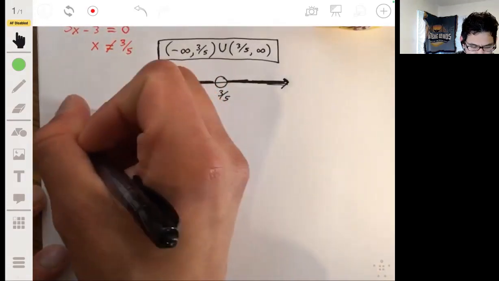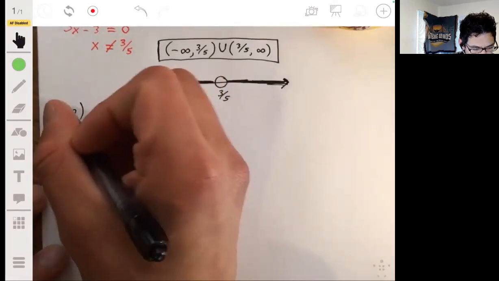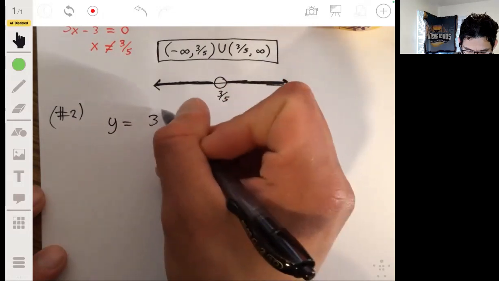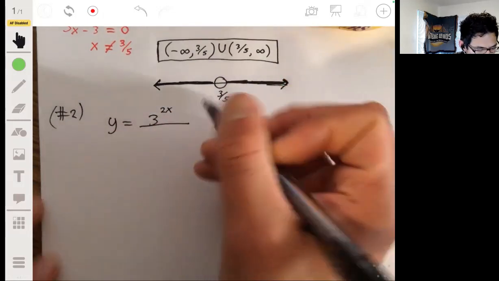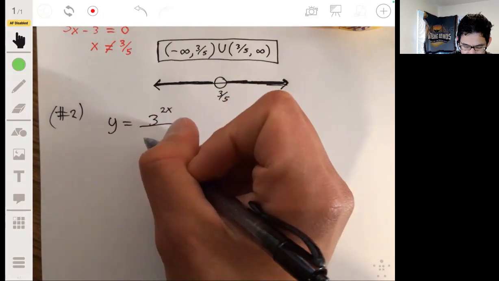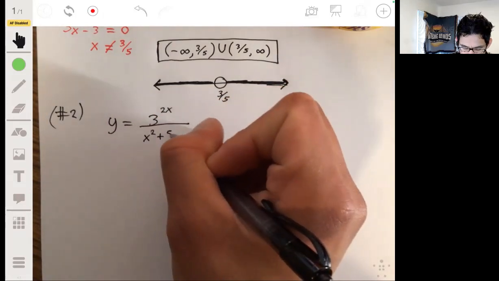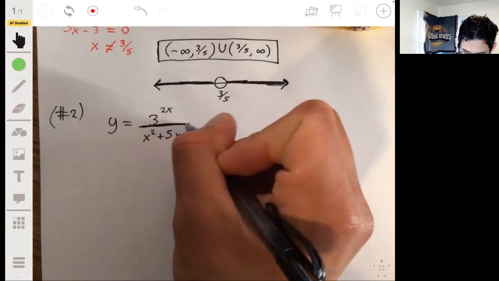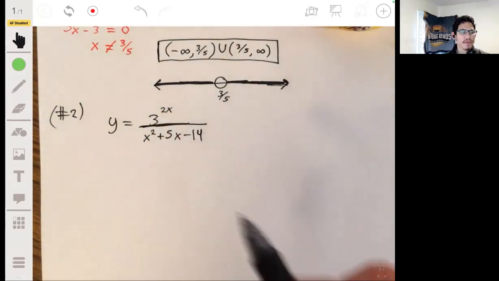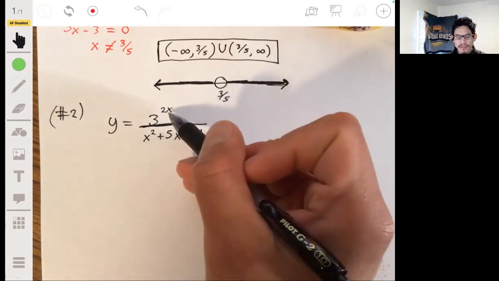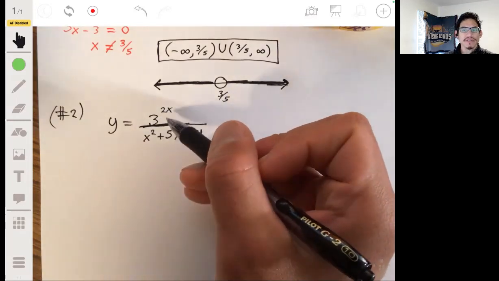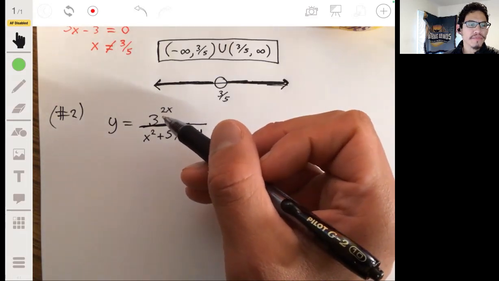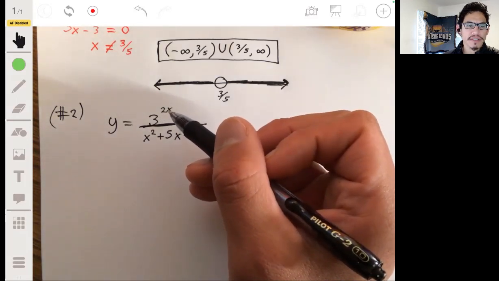So here we have y equal to 3 to the 2x power over x squared plus 5x minus 14. The top function, the 3 to the 2x, is okay, it works for all values of x, because you can raise to any value as an exponent, whether it's negative or positive.